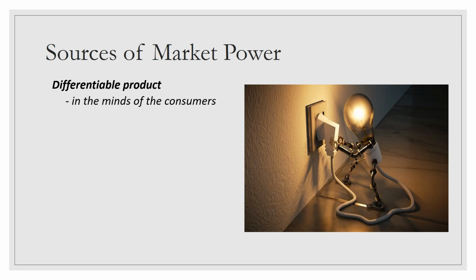If your particular kind of refrigerator or the tables that you make are noticeably different, and the value that different consumers place on these goods is different, then you might be able to charge a higher price for your refrigerator than somebody else can charge for theirs. If the consumer sees a difference in the product and is willing to pay for it, you could raise the price for your particular good.